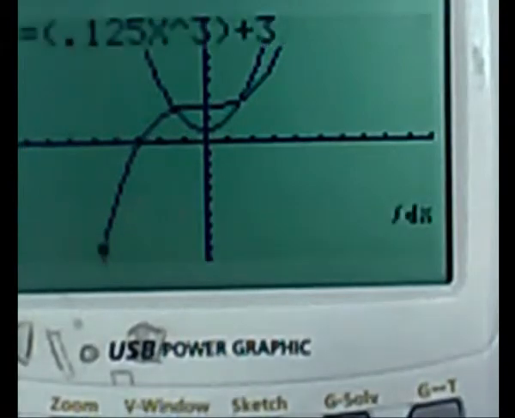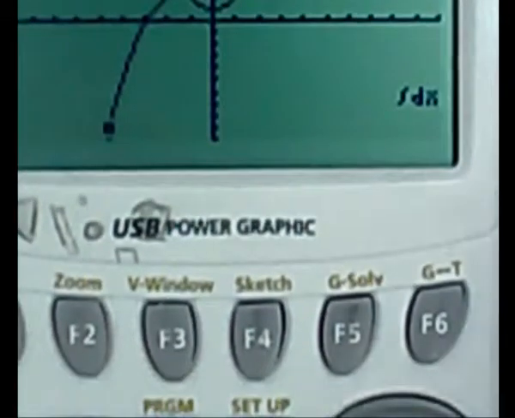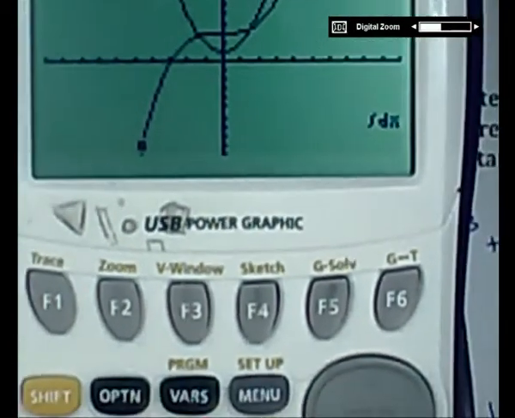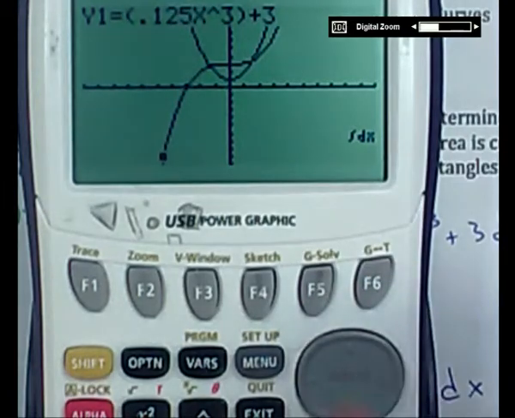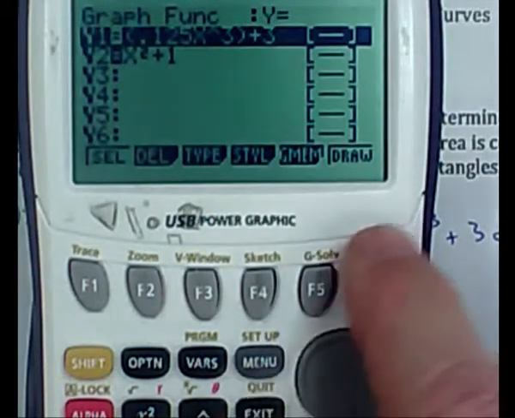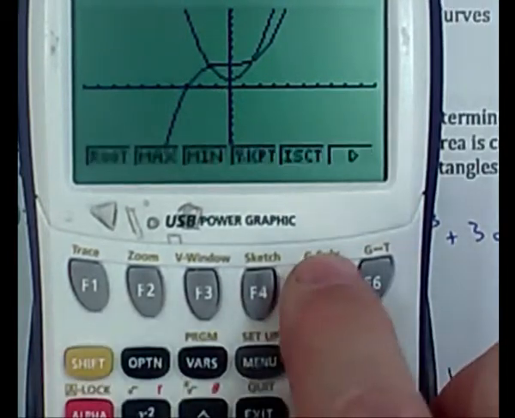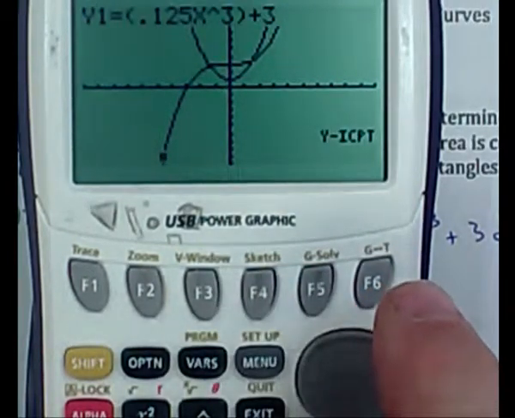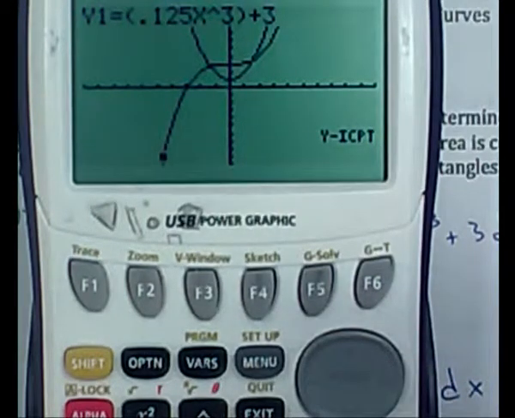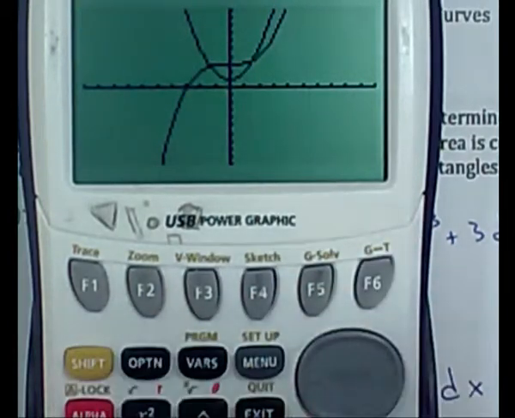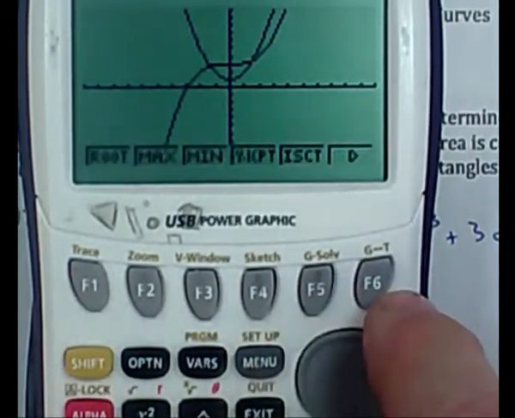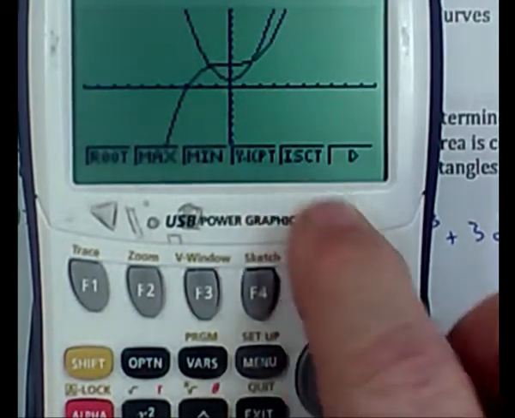I'm going to go here. Oh, because I got it too big. Just zoom out a little. There you go. Let's exit. Let's draw. Shift GSolve. Go to intersect. Press this. That means intersect. Yes. Okay.